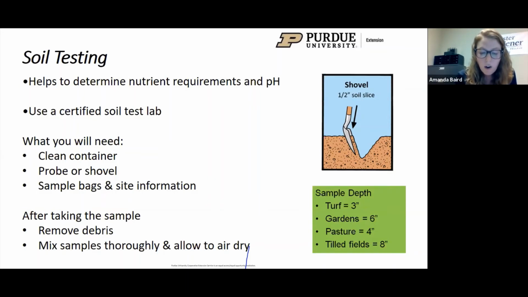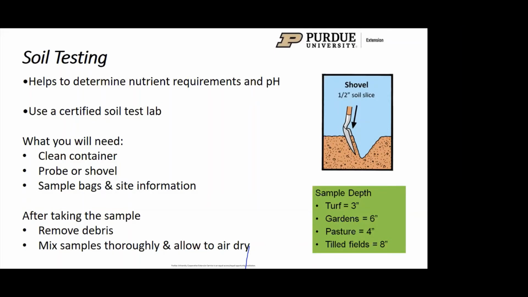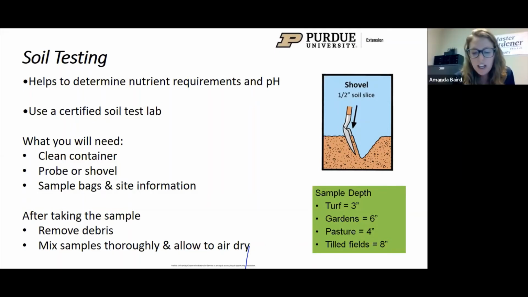So we would take our sample core, so we would take our sample in our garden at a depth of about 6 inches. And when we're using our garden, we would go in a zigzag or even an M shape, and we take about 10 to 15 of these sample cores.